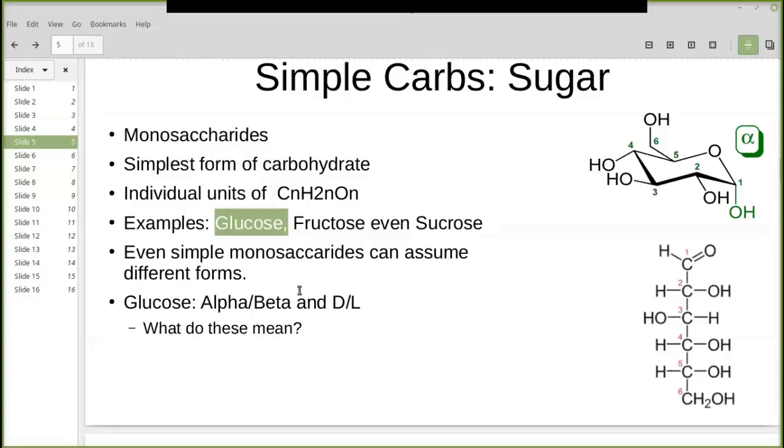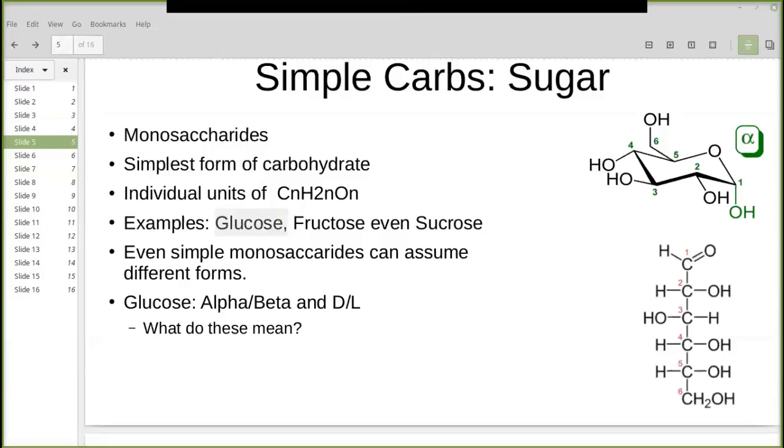So can anybody tell me what I mean when I say the alpha and the beta form of glucose? What is that? Okay. So what would be the difference between alpha and beta form? Alpha is used for energy storage, right? And beta can be used for structure. But what would be the difference between these two different molecules?